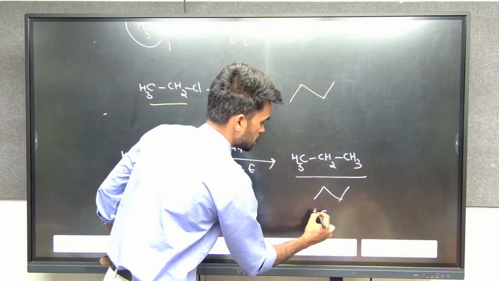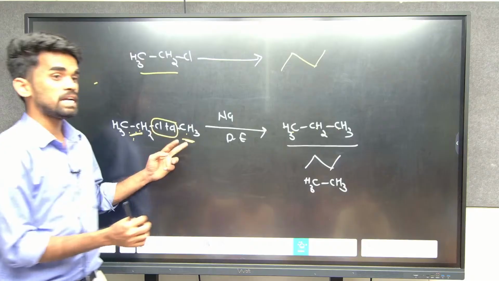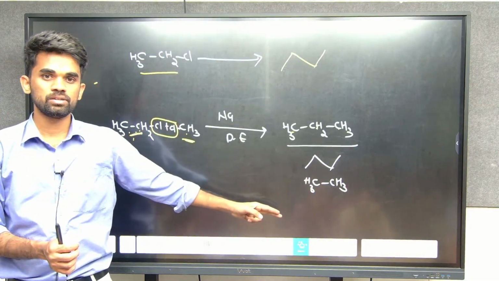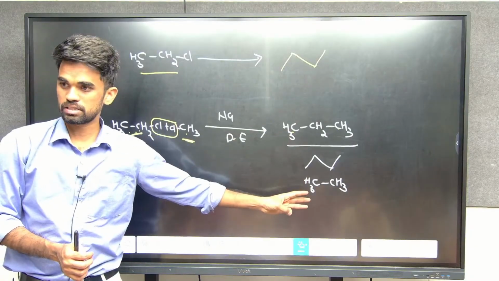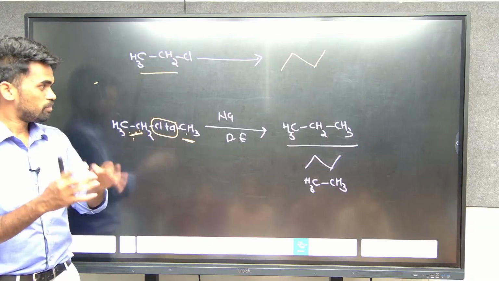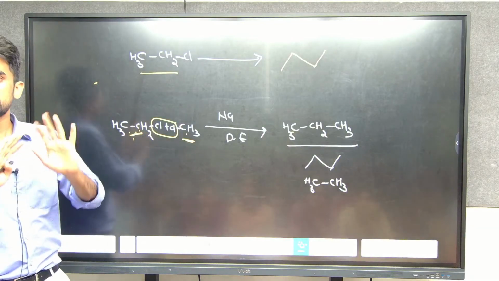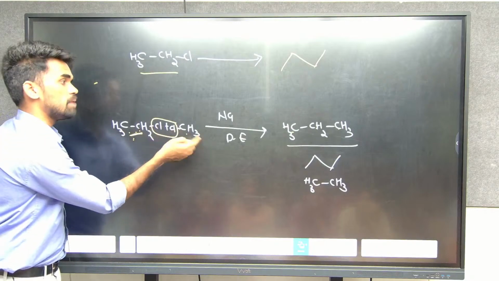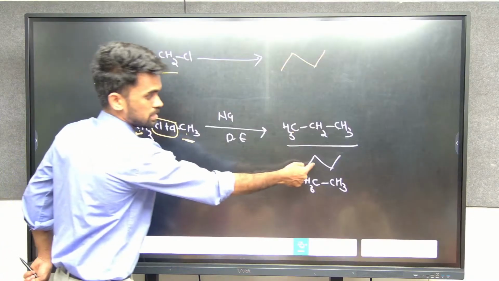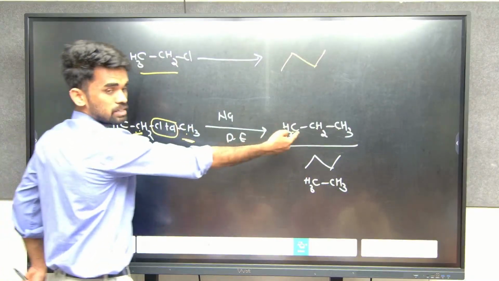So CH3-CH3. When you are taking two different alkyl halides, how many types of products are possible? Three types of products. Simple, you just add them. Even if you don't know the concept, to find how many possible products are there, you can combine with itself, so you get this. It can also combine with itself, you get this kind of product. Cross coupling, this one coupling with this one, you get a product like this.